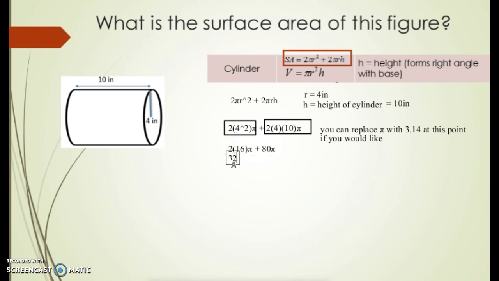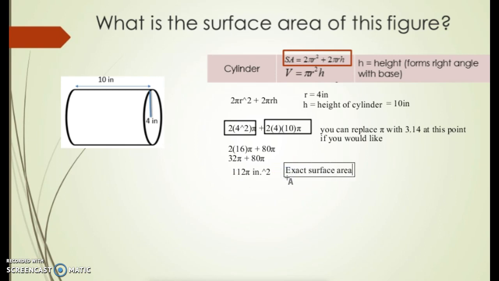So 2 times 16 is 32 pi, plus 80 pi. If you add that together, 112 pi. And that actually is a valid answer. This would be considered the exact surface area.